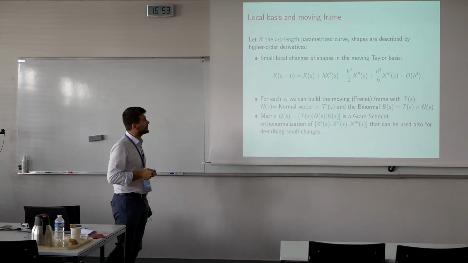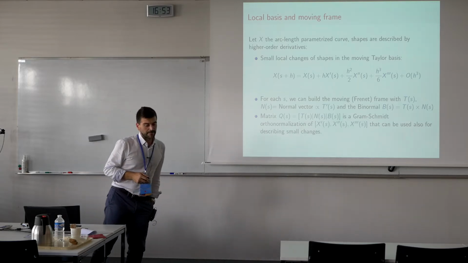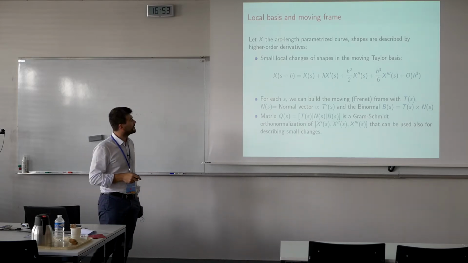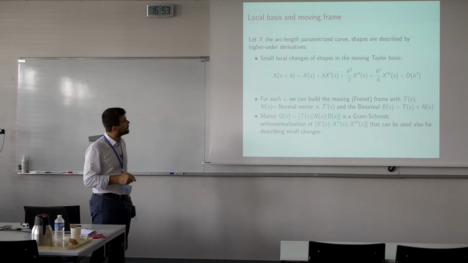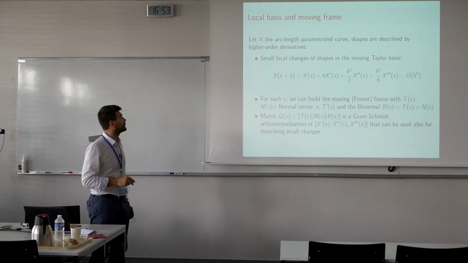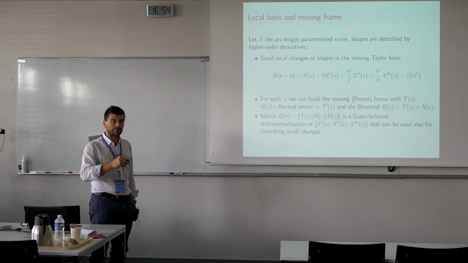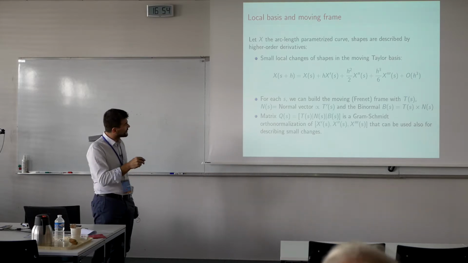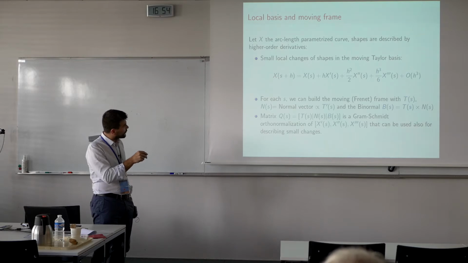So an interesting feature that we have seen when you do this very basic Taylor expansion, in a way it's really obvious. It's like a tautology, but when you do your basis expansion, which is what we use for doing the reconstruction of the curve, we say that our small change is that what happens at point S plus H is what happens at S plus this.